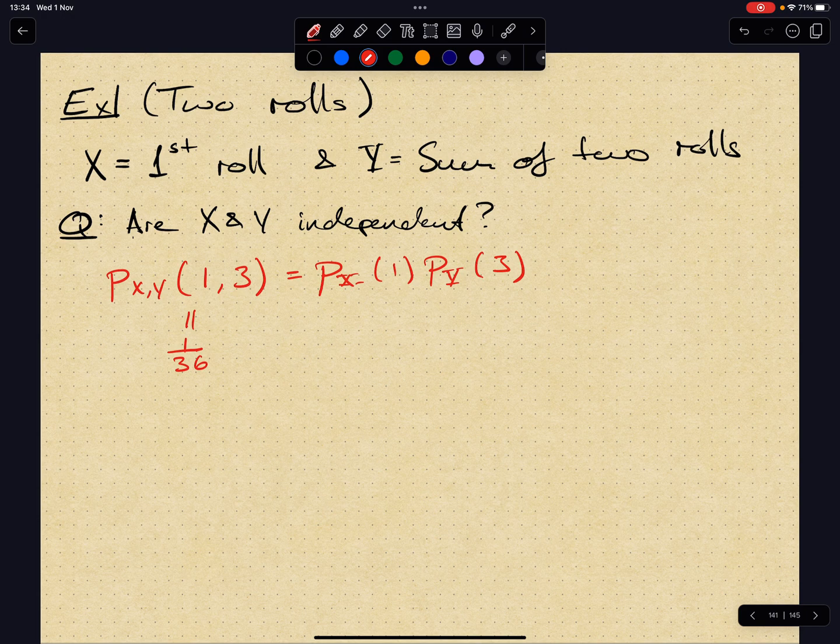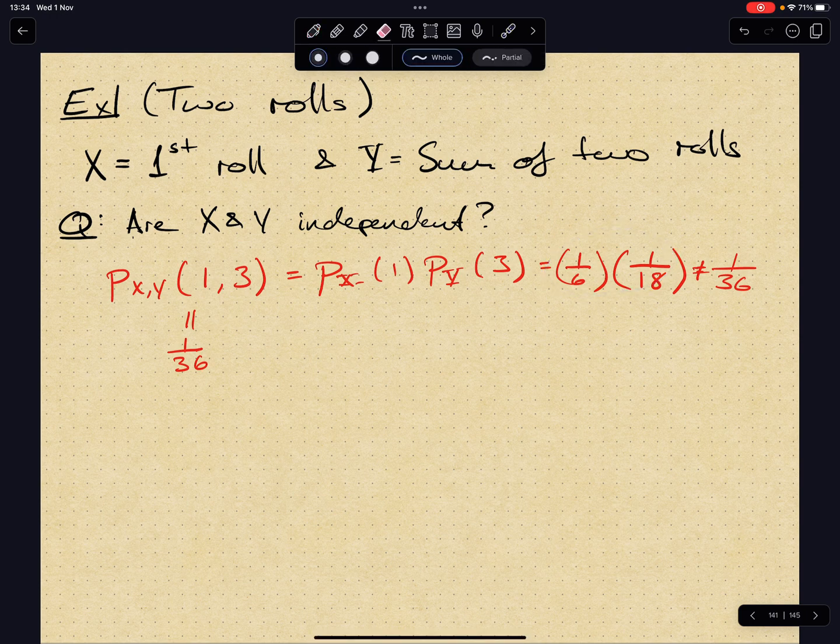And we've also computed that the probability that X is equal to 1, this is just the first roll, is 1 over 6. And in the previous example, we computed that the probability that Y is equal to 3 is 1 over 18. So we have 6 times 18. It's not going to be 1 over 36. I don't know what that is off the top of my head, but this is too small.